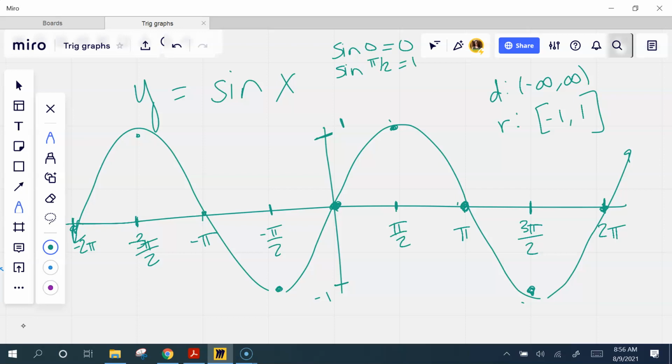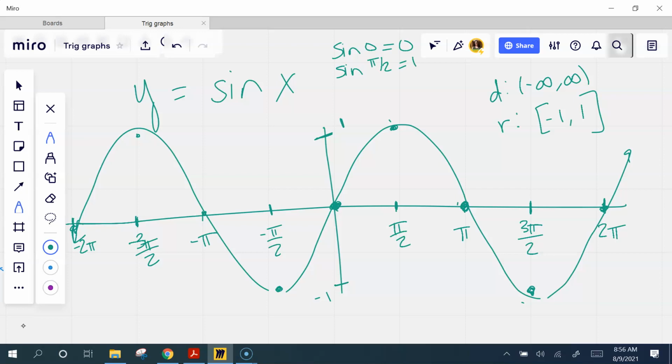Even, odd, or neither. What does that mean? I'm going to tell you algebraically and graphically what it means.